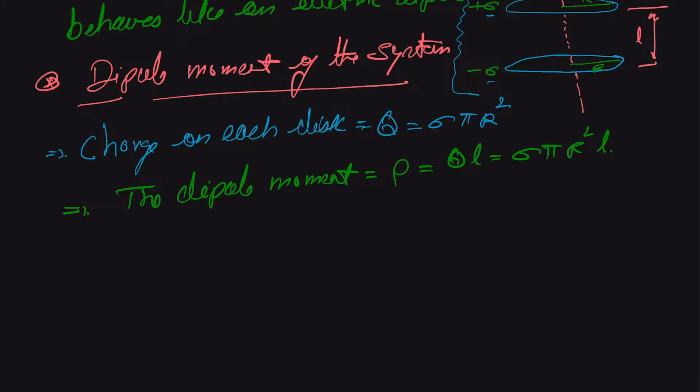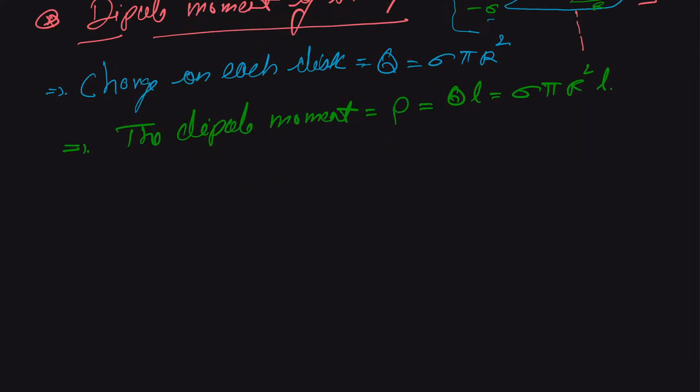Now we can use the basic formula, that is, the electric field on the axis when the point is very far. So we can say the far field electric field on the axis.